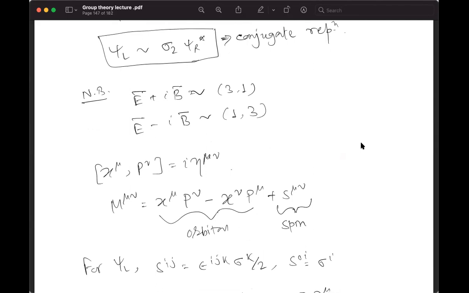So now the commutator of x_mu and p_nu is basically i eta_mu nu. And then M_mu nu is basically x_mu p_nu minus x_nu p_mu, which gives the orbital part, and S_mu nu is the spin part. This doesn't have any classical analog.